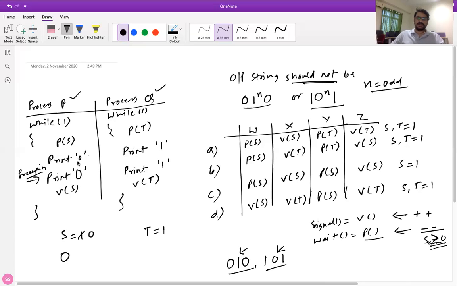Right now 0 has been printed. Right now Q wants to execute. Can Q execute? Yes, Q can execute because the T value is 1. Then it will reduce it to 0 and it will print 1.